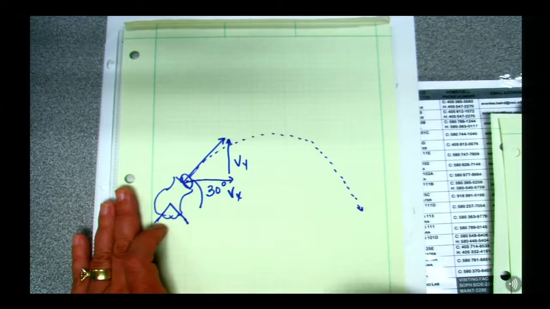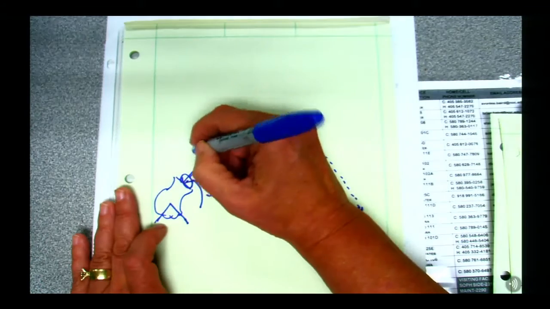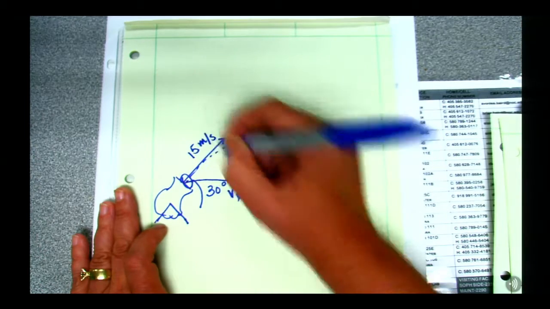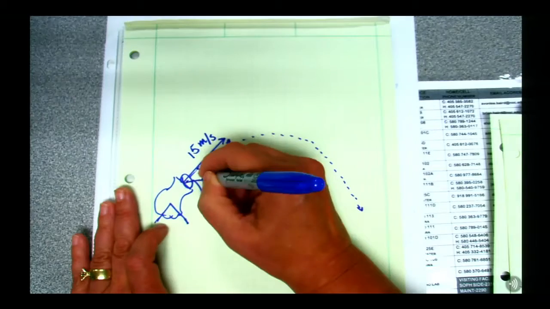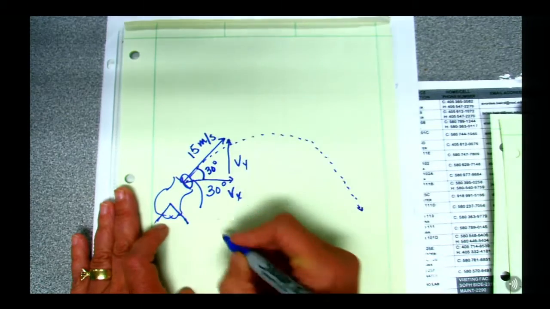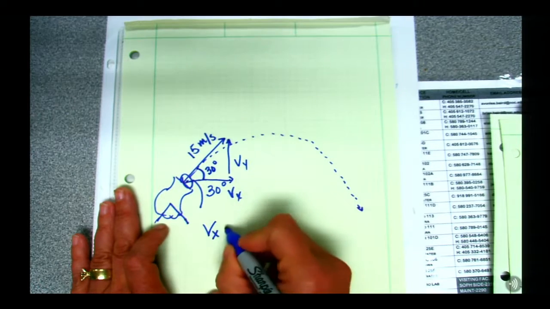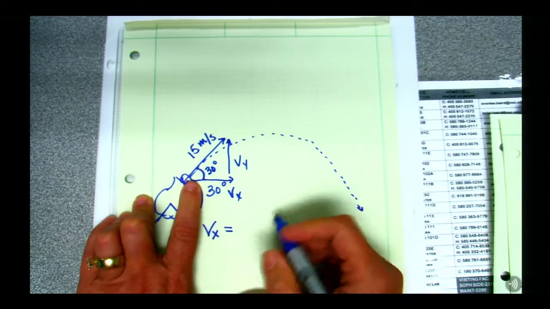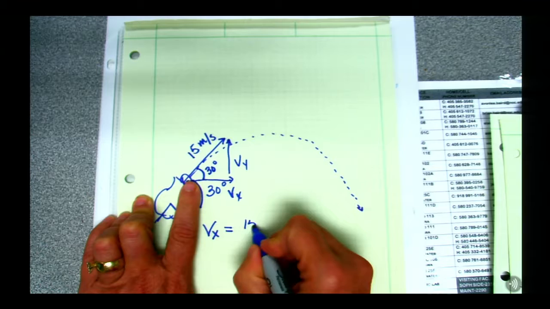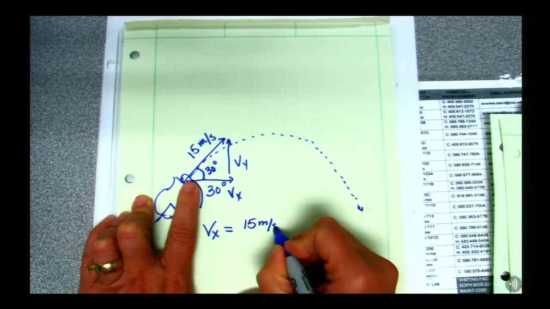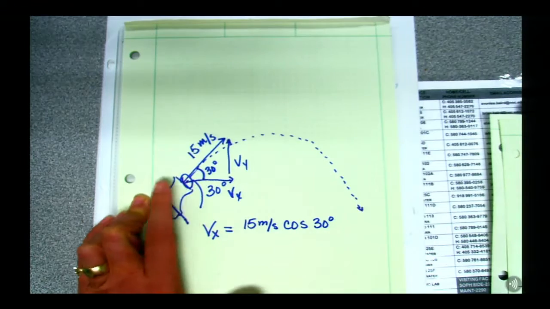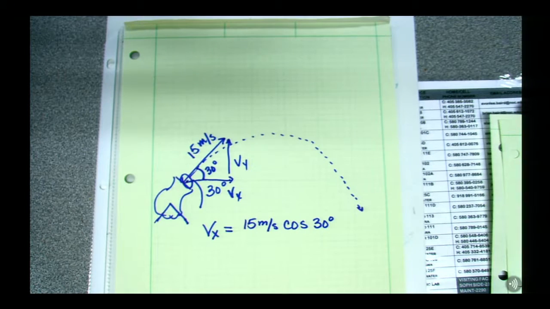And how I'm going to figure that out is if this is 15 meters per second, and I know that this angle is 30 degrees, my vector x component is going to equal my 15 meters per second times the cosine of 30 degrees.